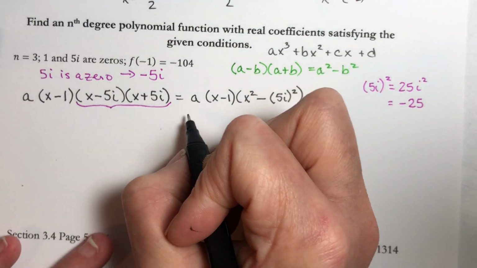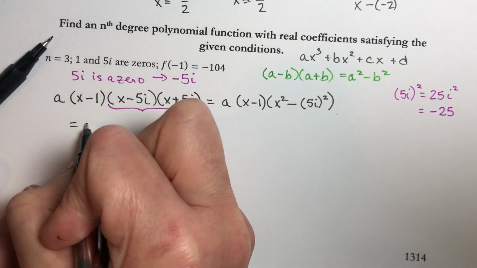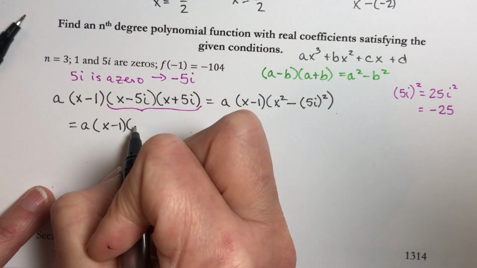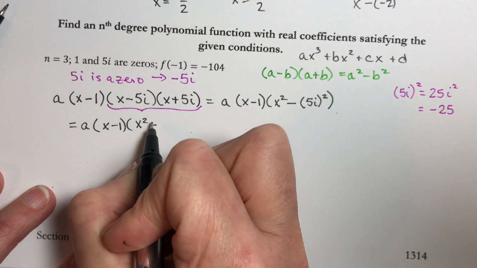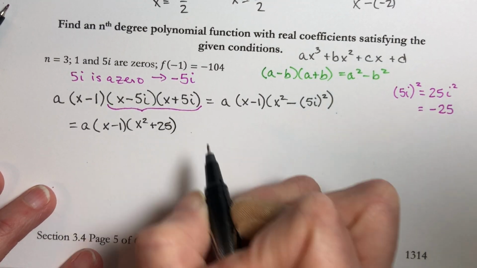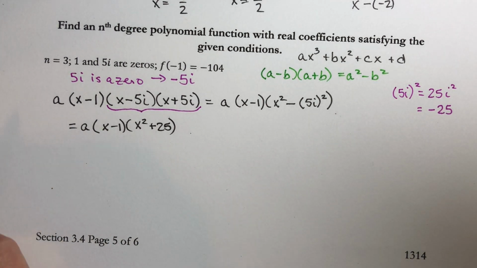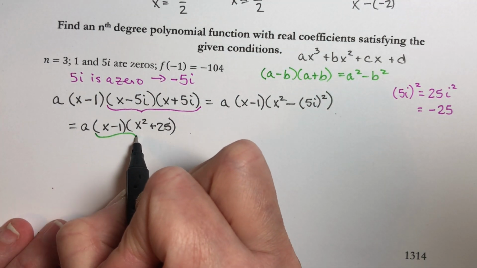So what do I have right here? This is the same thing as a times x minus 1 times x squared minus a negative 25, so that's x squared plus 25. Okay, so this is getting better. Now I'm going to multiply these two together.